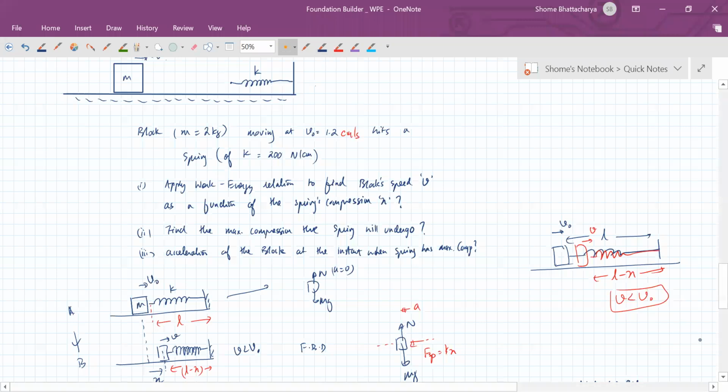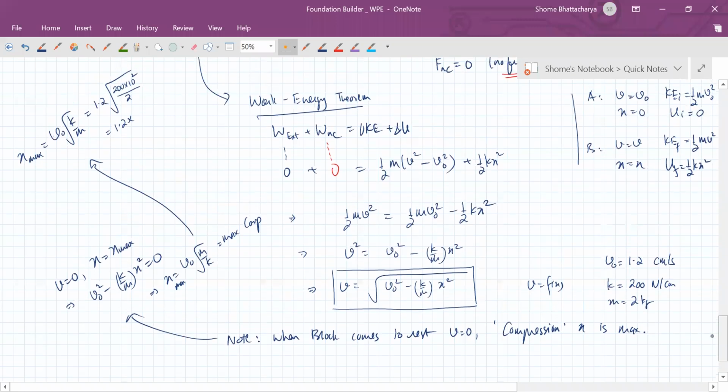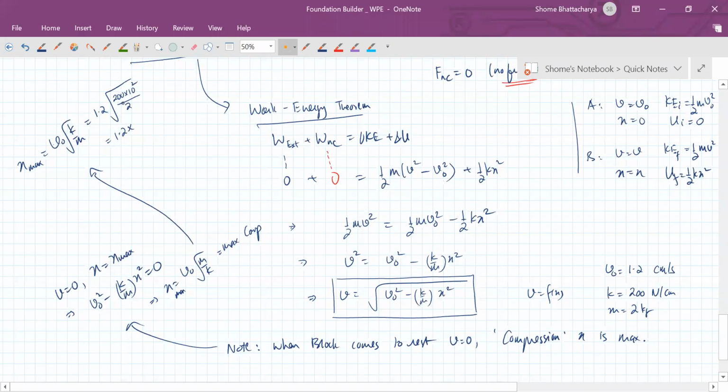Okay. So when I substitute here, I have to substitute with the proper SI unit. So V naught will be 1.2 into 10 raised power minus 2 into K. This will be 200 into 10 raised power 2 divided by M, which is 2.